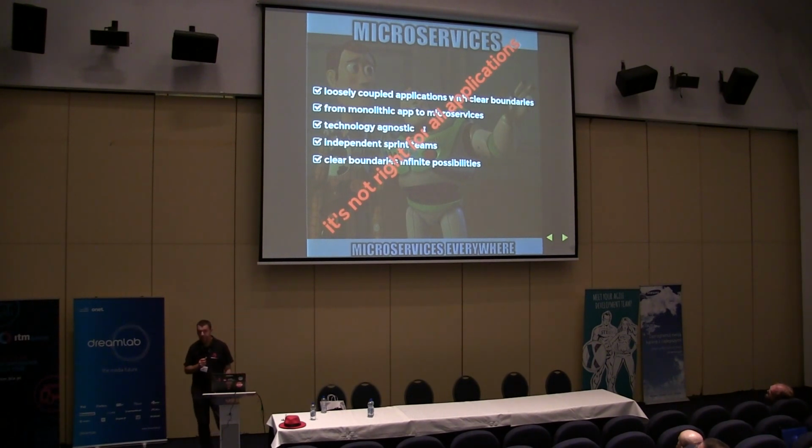But as always with any approach, it's not for all applications. So choose your tools wisely and always see if it actually fits your solution, because it's not good to try to force certain approaches when it doesn't make sense.